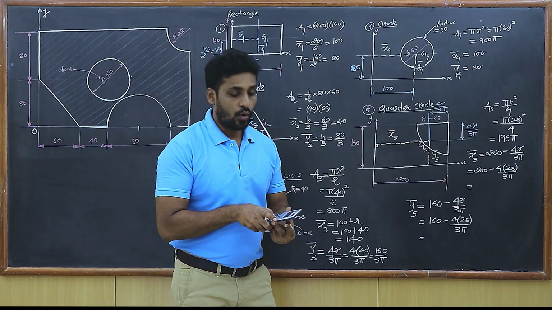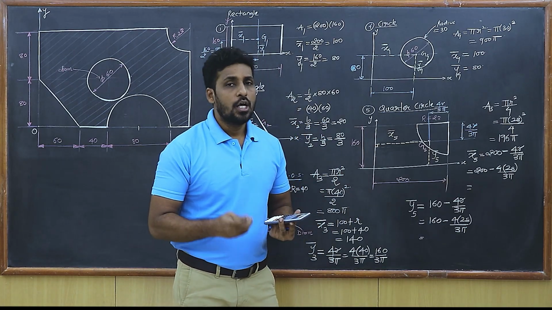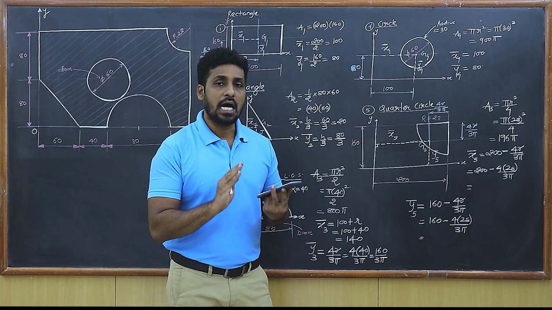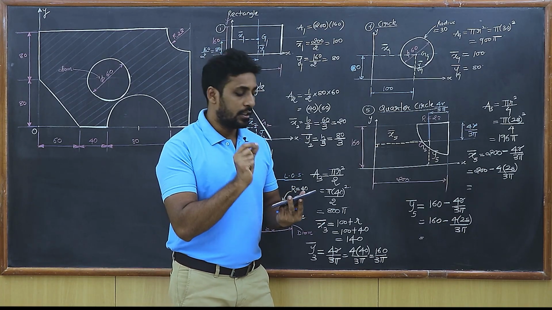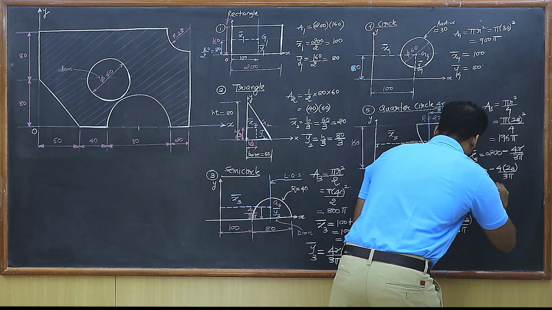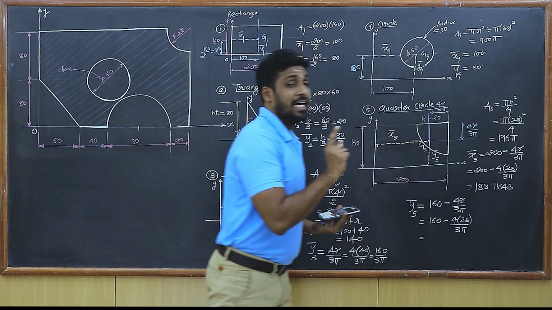So the answer has come 188.1164309. So after the decimal, you can keep at the most 4 digits. 4 digits are more than enough to write the answer. So it is 188.11643 units. So that's x5 bar.